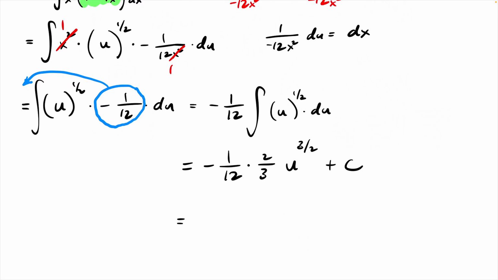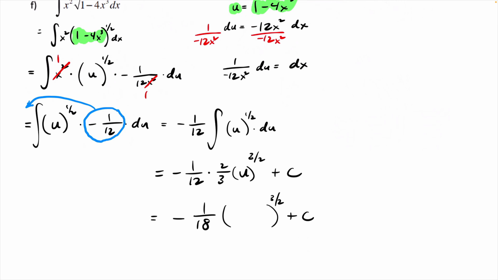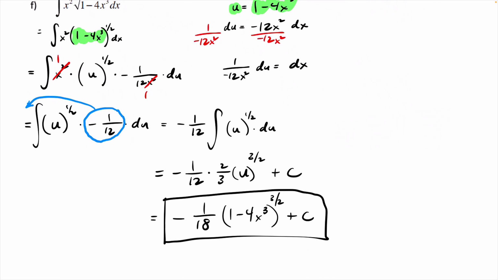So when you do that, you're going to get negative 2 over 36, which is negative 1/18. Then you're going to move u back in. So u to begin with was 1 minus 4x to the 3rd power. And you were done.